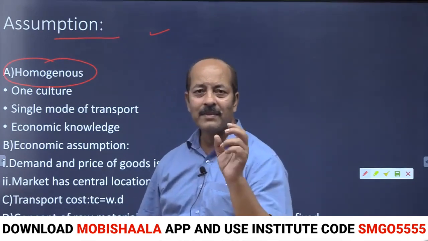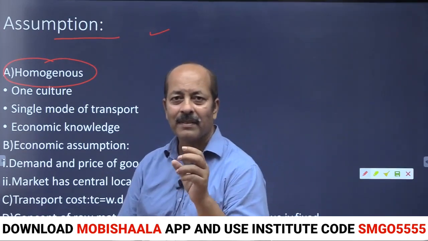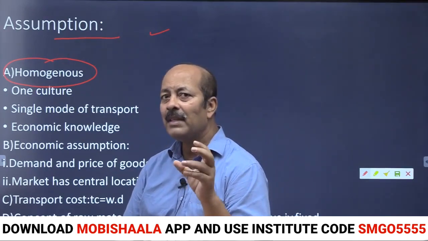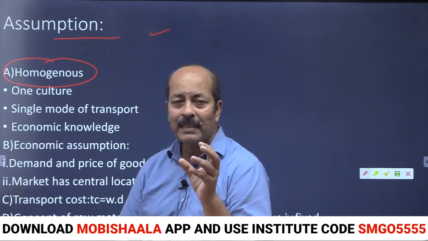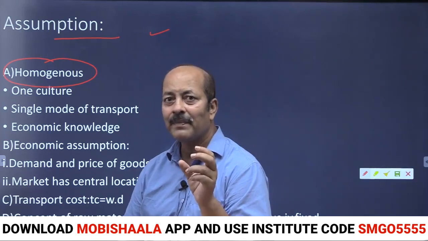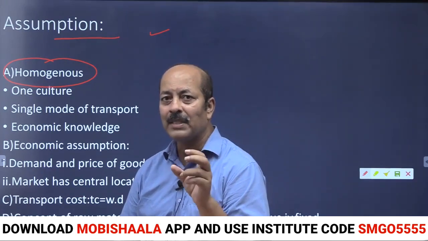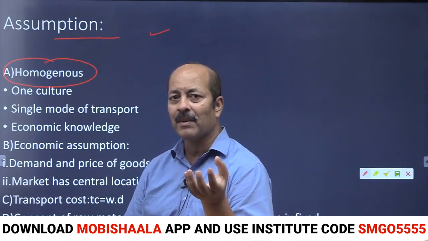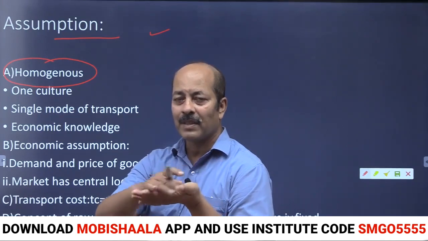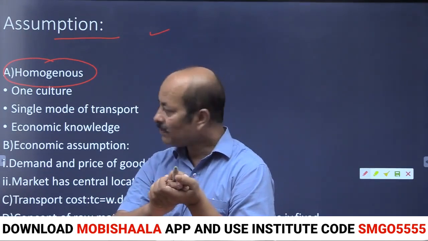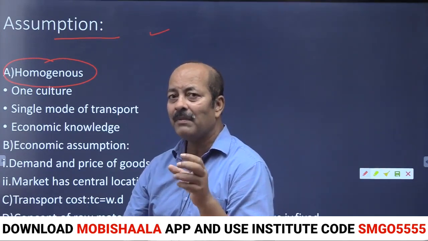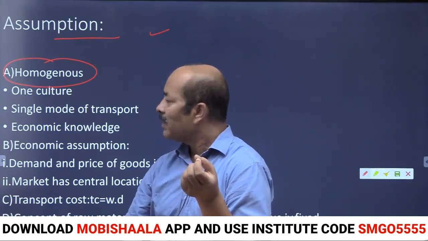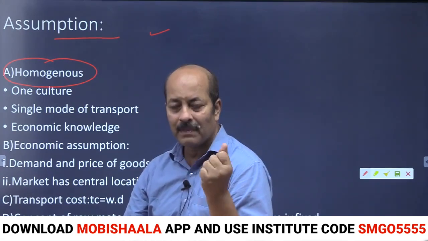What he emphasized first was homogeneity, meaning the area will have equal character, one type of character. One type of character in the sense of topography, in the sense of climate, or in the sense of uniform economic areas also. So the area will have an equal type of character. You write there the first point about the assumption.